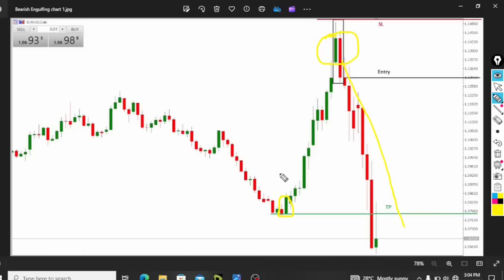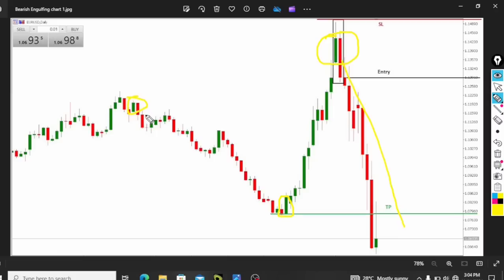If you look at this chart very well, there are still other setups you could have identified. This is another bearish engulfing, and there is no mistake about it. If you know how to identify, you will know that this is exactly a bearish engulfing, and you could have made a profit if you traded that one all the way to the downside.